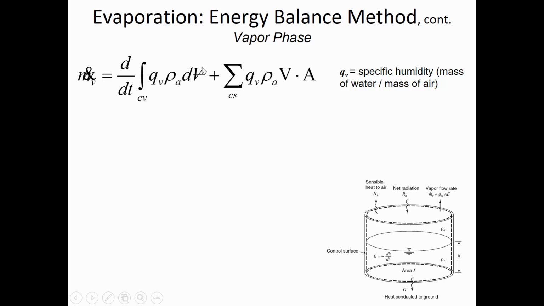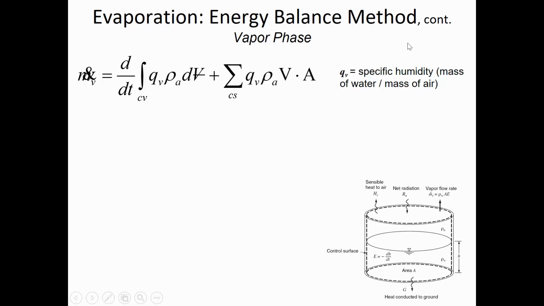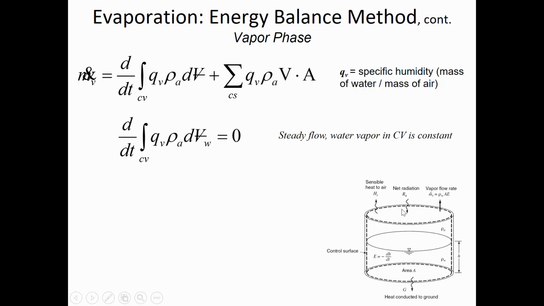All right, on the other side of things, at first we were looking at the liquid phase. Now we're going to talk about the vapor phase. So the water level's going down, and that vapor, the water that turned into a gas, has to go somewhere. And we can do a mass balance on the transport out of the control surface.